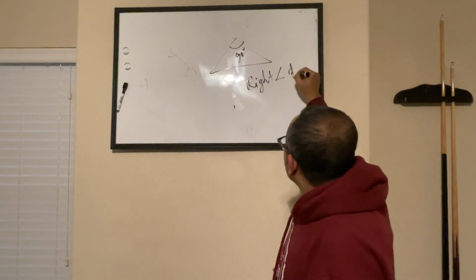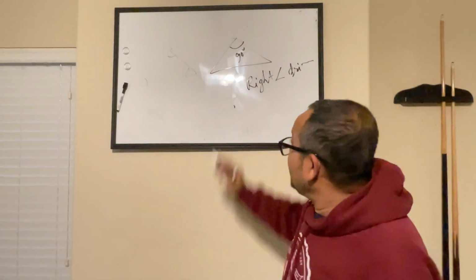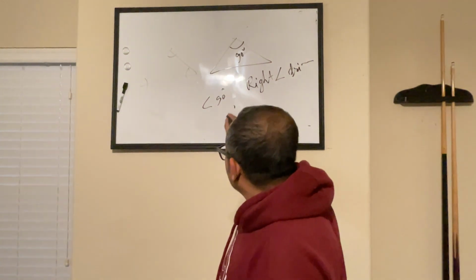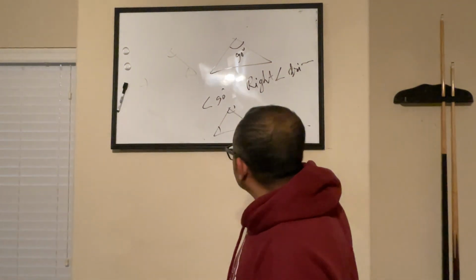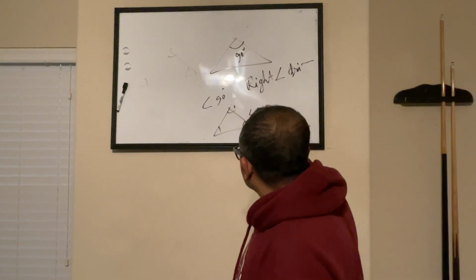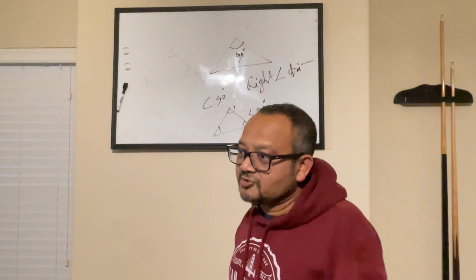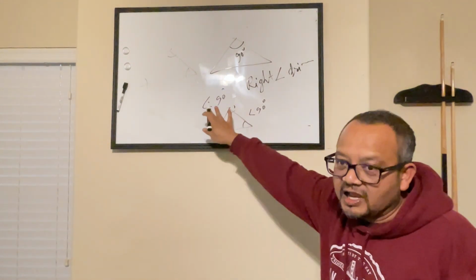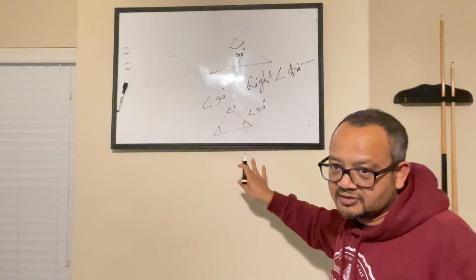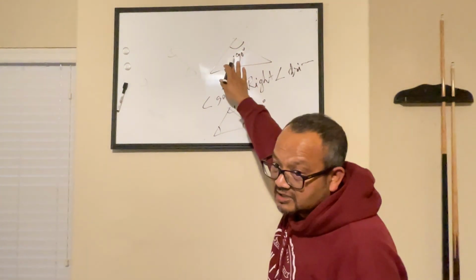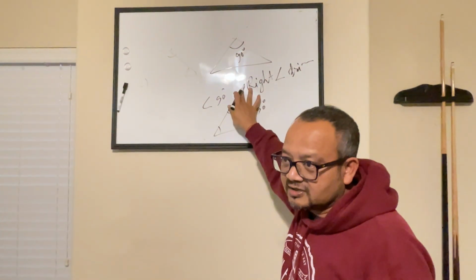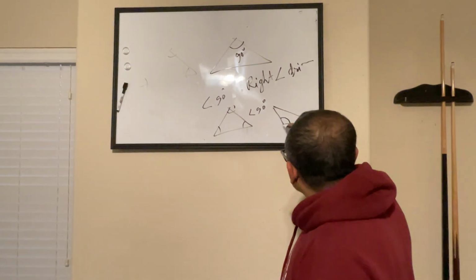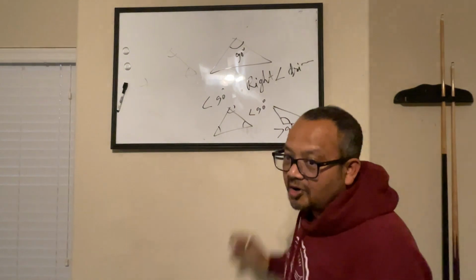If all the angles are less than 90 degrees, it's an acute angle triangle. All the angles are acute, so that is an acute angle triangle or acute triangle. What if one of the angles is greater than 90 degree? Obtuse angle triangle.